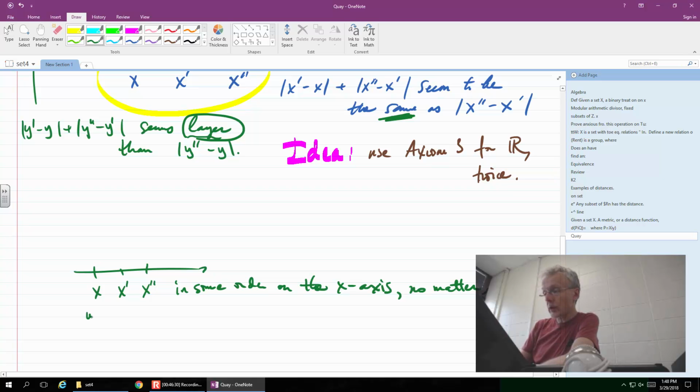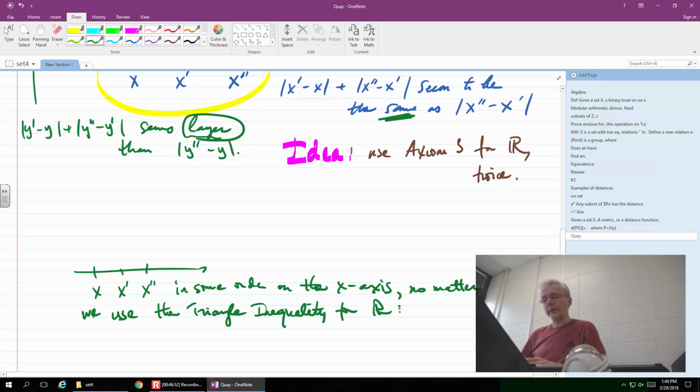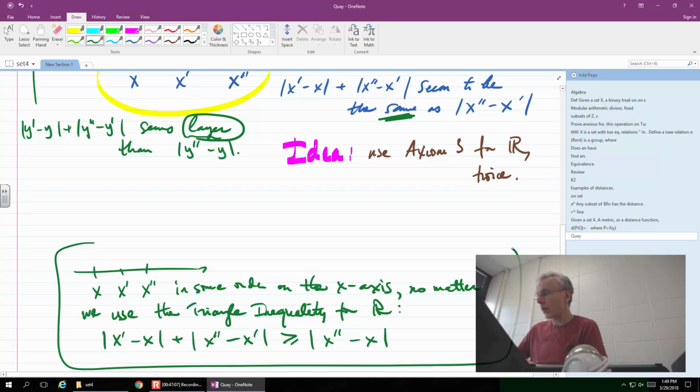We use the triangle inequality for R. The only thing that matters is that we progress from x to x prime, from x prime to x double prime. So what is it? It is x prime minus x plus x double prime minus x prime is larger than or equal to x double prime minus x. That is the triangle inequality for R.